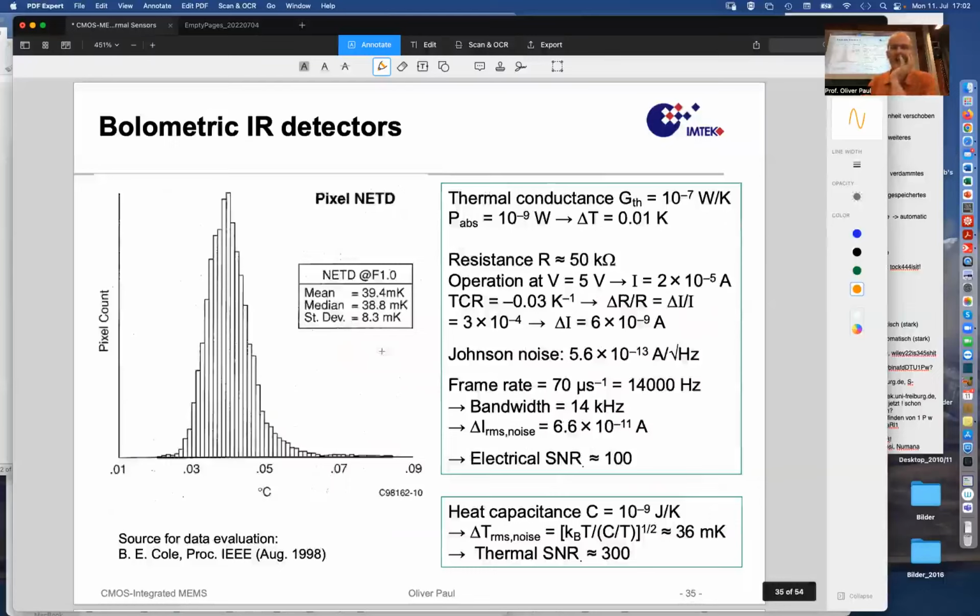And then the thermal conductance, that is the connection between the heat power that gets dissipated and the delta T that it generates, this thermal conductance.